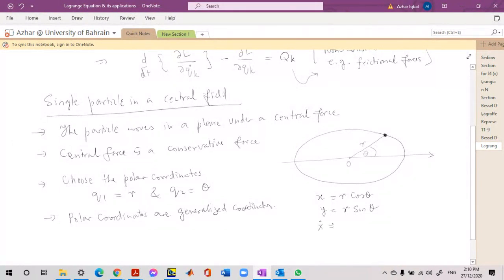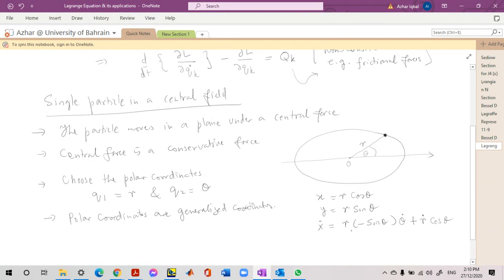If you want to obtain the time derivatives, x dot is given by r times minus sine theta, times theta dot, since I am differentiating x, keeping r and differentiating cosine, plus differentiating r, which is r dot, and keeping cosine theta.